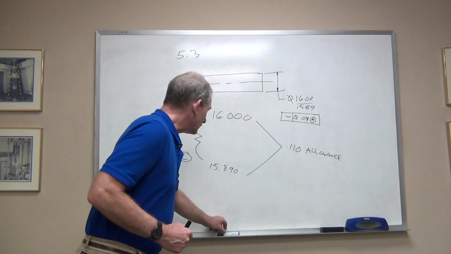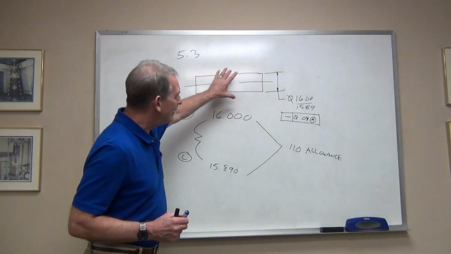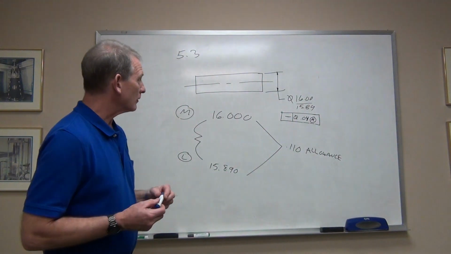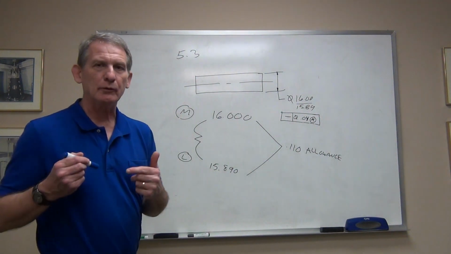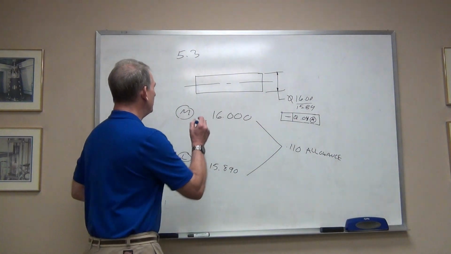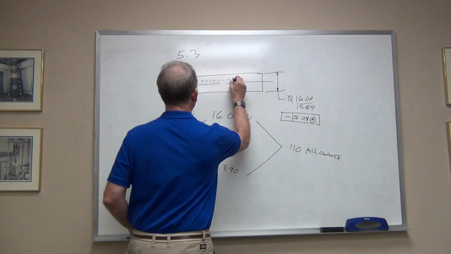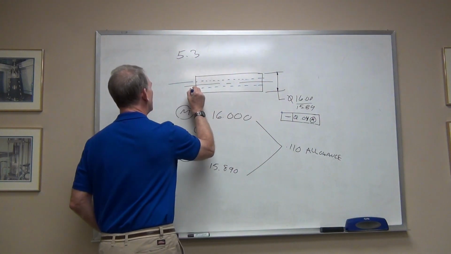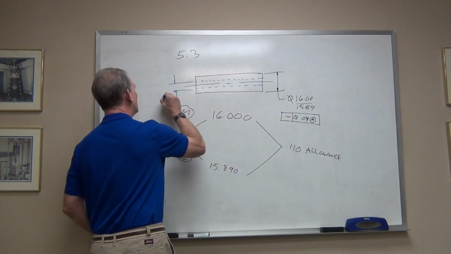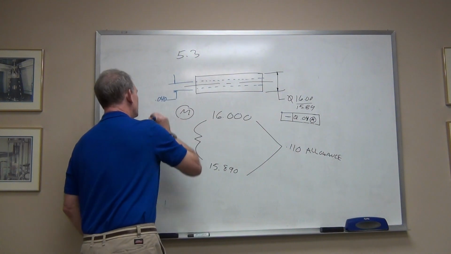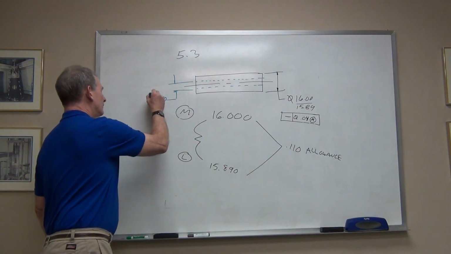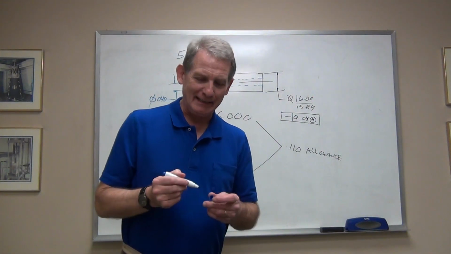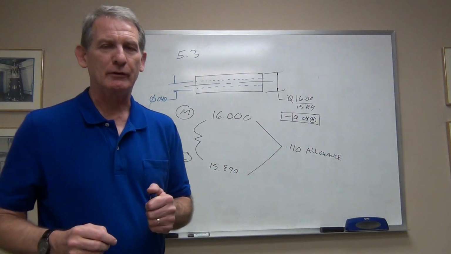So, if this actual shaft that we made and measured was right at 16 inches in diameter, the cylindrical tolerance zone about the center line would be 40 thousandths in diameter, if the shaft is at 16 inches at its maximum material condition.